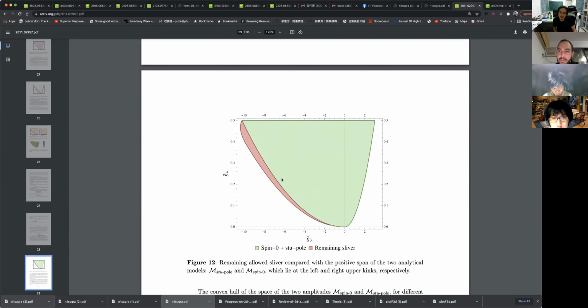To get outside here, you want a higher G4, G3 ratio, right? You want to push up the G4. So it's really hard for me to penetrate this barrier here.